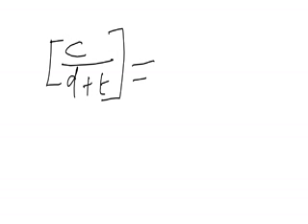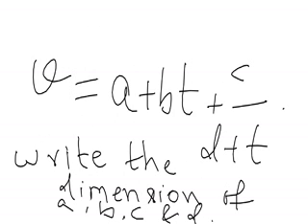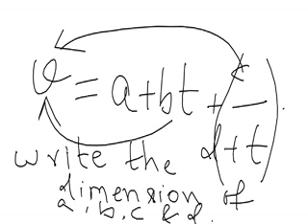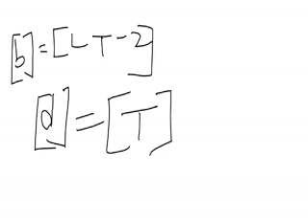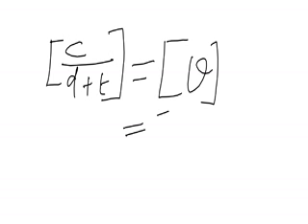So the whole thing c by d plus t is like velocity v, so the dimension of c by d plus t will be the dimension of v, which is LT minus 1.